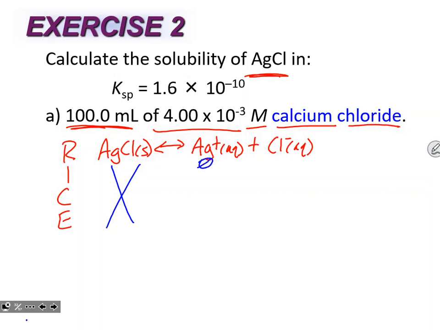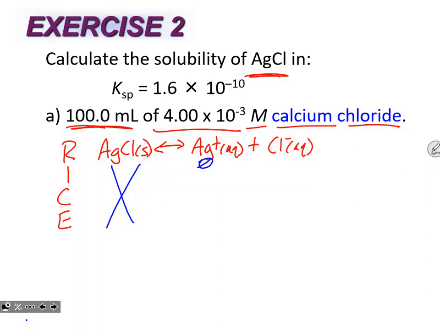However, initially, we have some chloride already present, do we not? We have the chloride that's found in the calcium chloride. It's already present, so we have an initial concentration of the chloride to begin with. Now we need to figure out what that is.